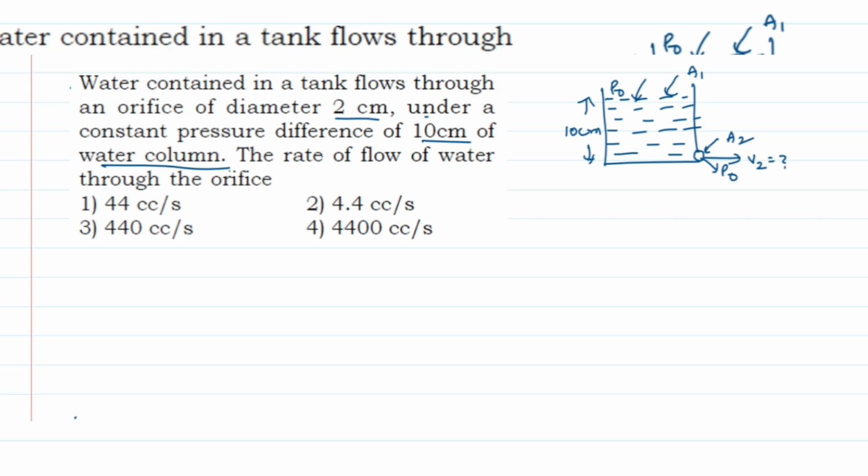This is V2 and this is V1. If A1 is much greater than A2, then V1 is much less than V2, so approximately V1 is 0.